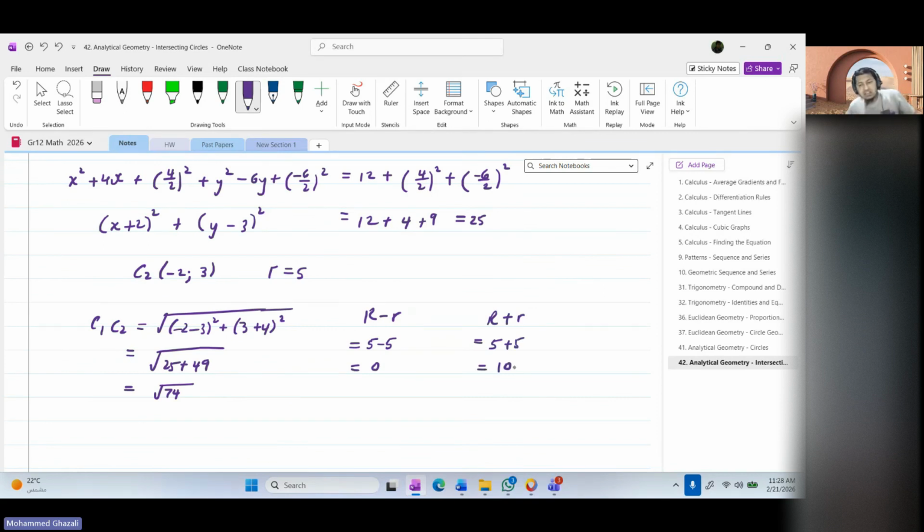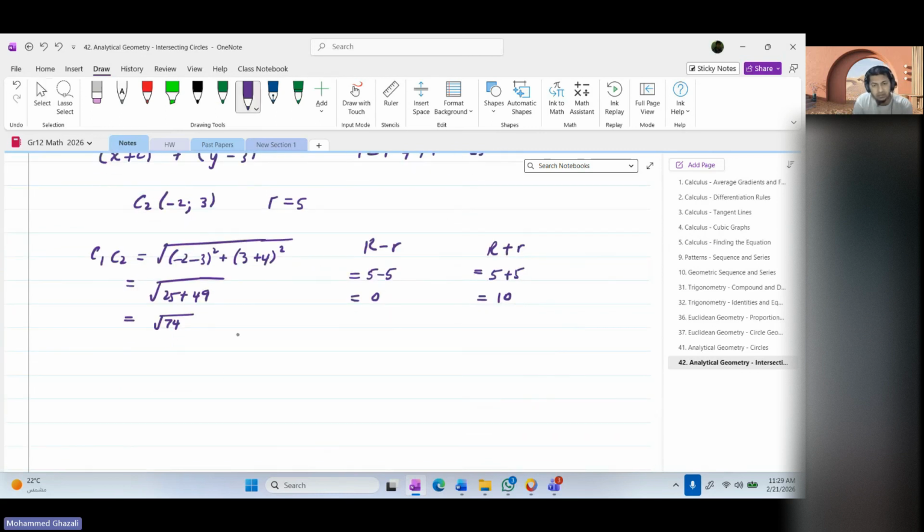So what we see here is, are they intersecting? Yeah, they're intersecting because the value of square root of 74 lies between 0 and 10. So remember, square root of 74 lies between 0 and 10.